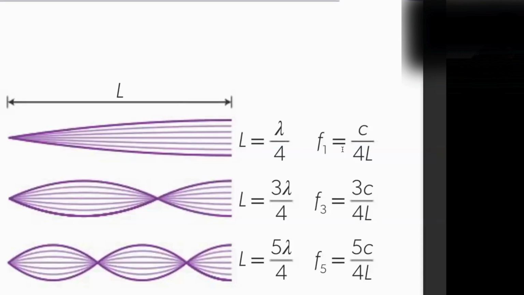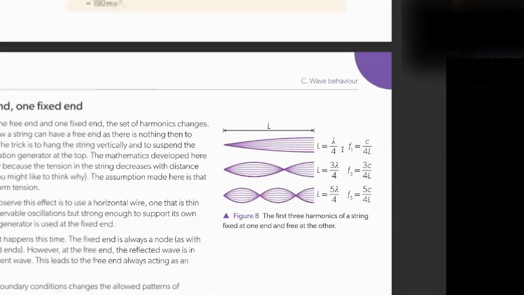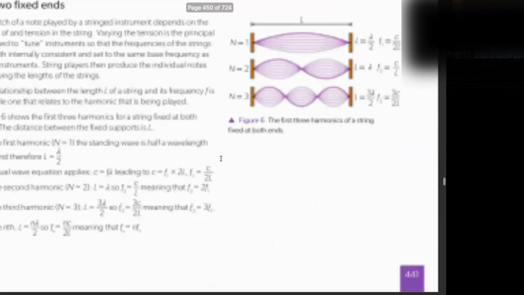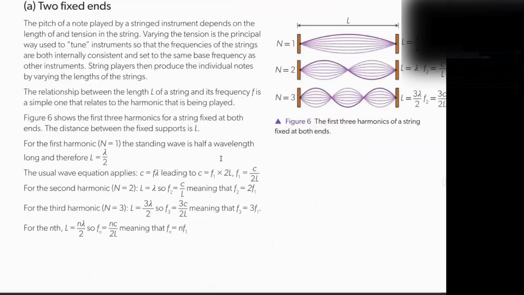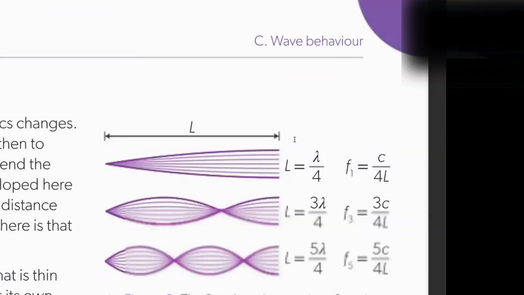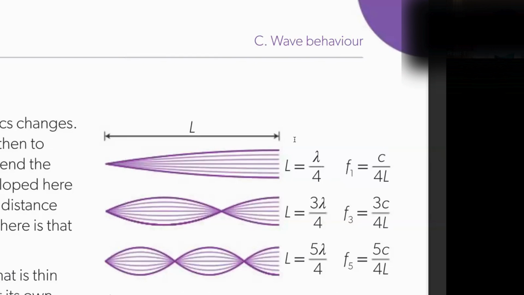That's the name you have to remember for this particular case. But for both ends fixed, it's first, second, third normally. I want you to understand this difference. For both ends fixed, first harmonic, second harmonic, third harmonic. But for one fixed end, it is first harmonic, third harmonic, fifth harmonic. It's only odd, not even.